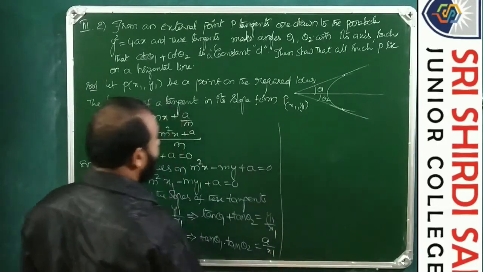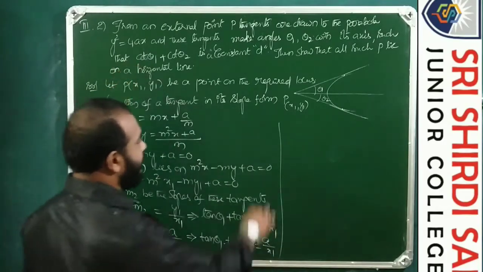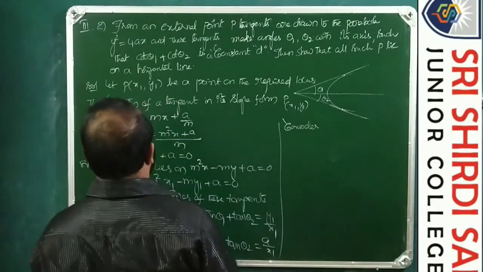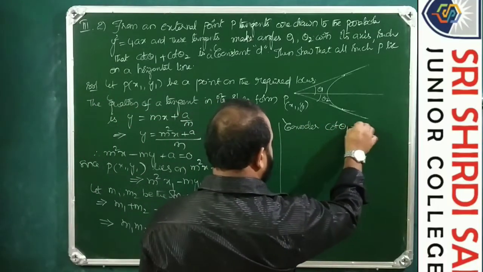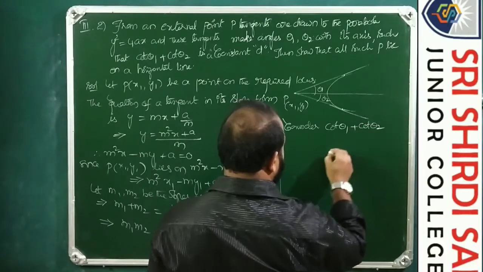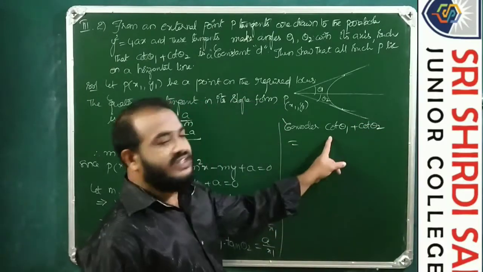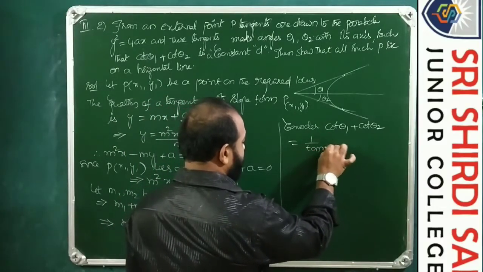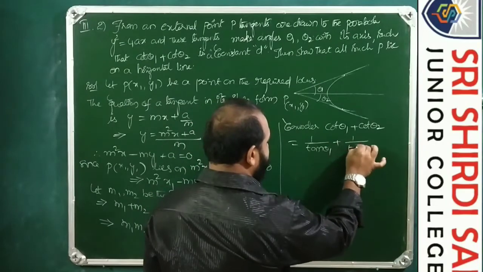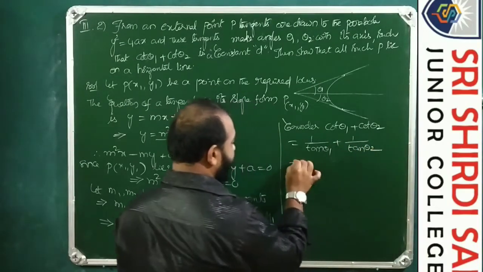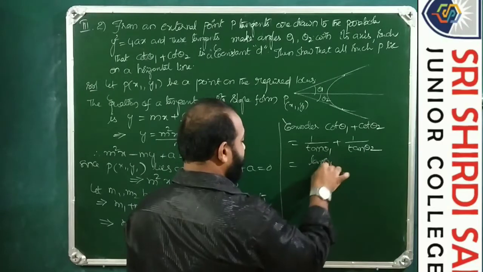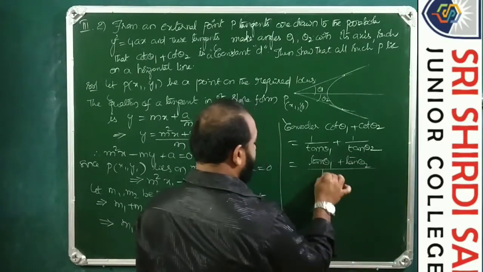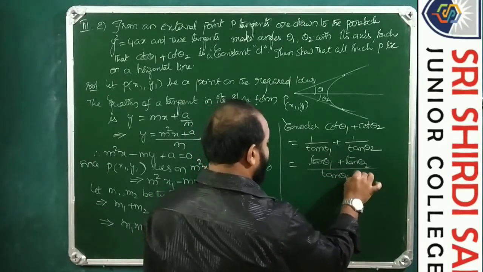Now consider cot theta 1 plus cot theta 2. This is equals to cot theta 1 can be written as 1 by tan theta 1 plus 1 by tan theta 2. This is equals to tan theta 1 plus tan theta 2 by tan theta 1 into tan theta 2.